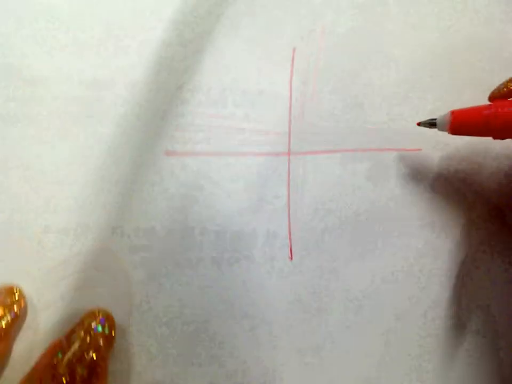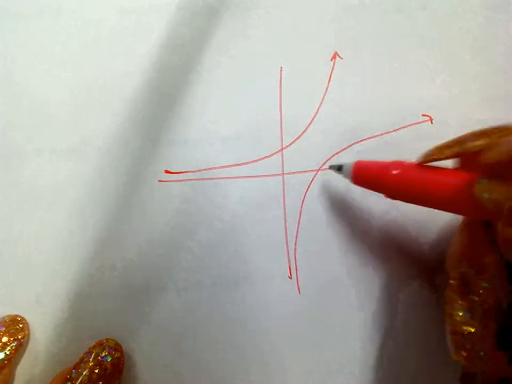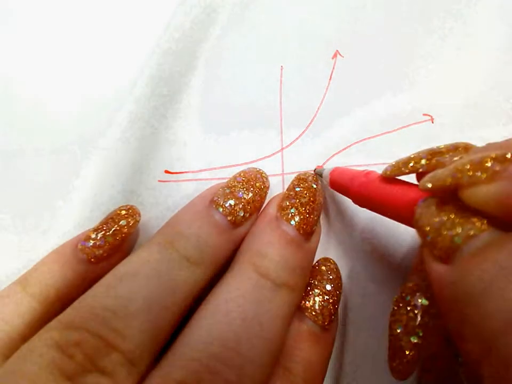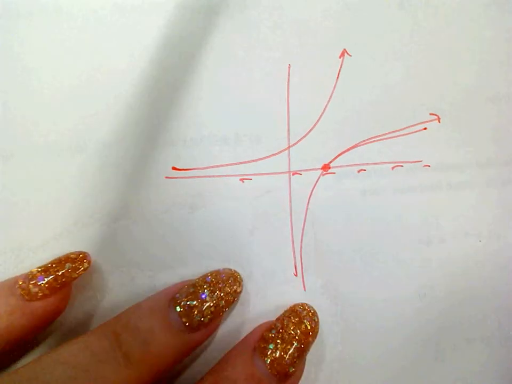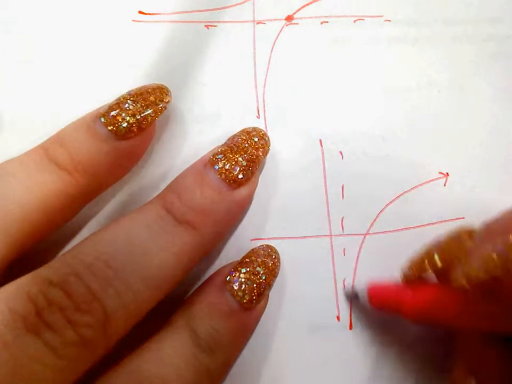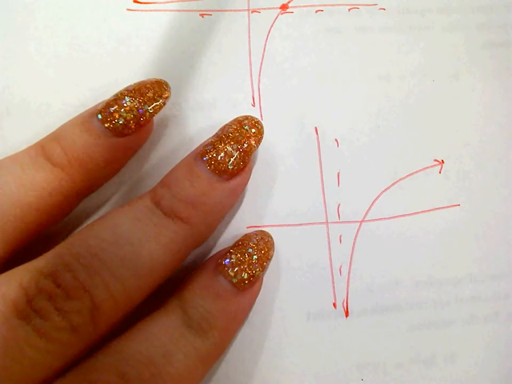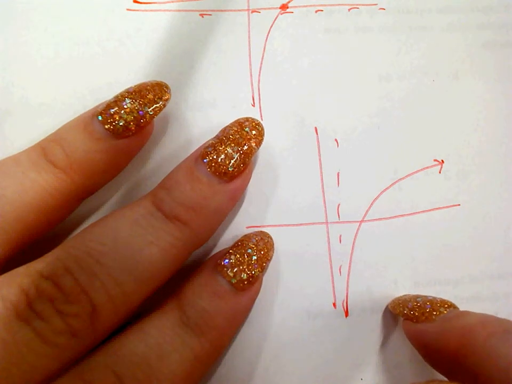So if an exponential does this, then a log does this. I had so many people have a starting point, and that's all they drew. And then I had people draw a horizontal asymptote with that. It doesn't have a horizontal asymptote. Logarithms have a what? They have a vertical asymptote, okay? No excuse for sketching a logarithm wrong. We've done it over and over, and you should know what that looks like.